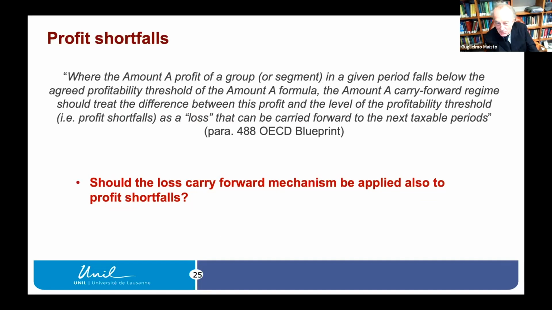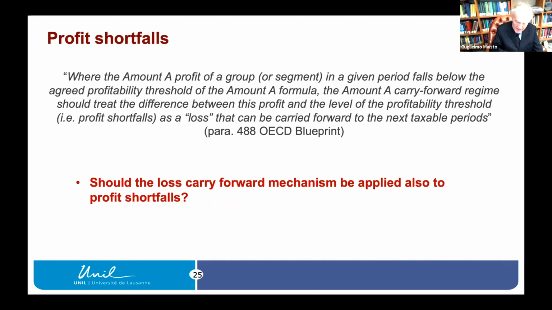So not only groups which are having losses, but groups which in some years meet the threshold for Amount A, so they have a level of profitability which is at least the minimum provided by the mechanism which permits a part of the extra profit to be allocated.